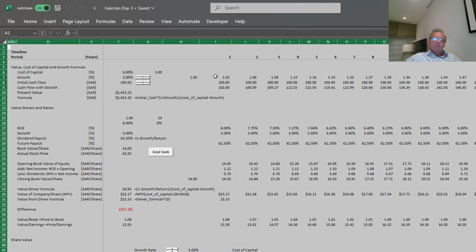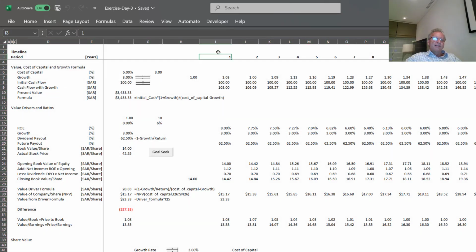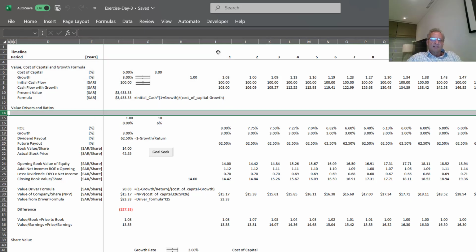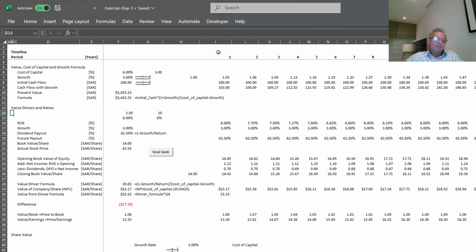And how about this? Let's make the top few rows black, and we'll make this black too, and then I guess we'll put a couple of things up here, and let's put year for ROE, and then ROE table or something.